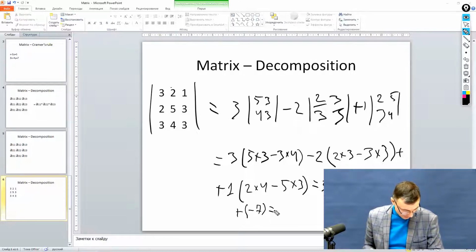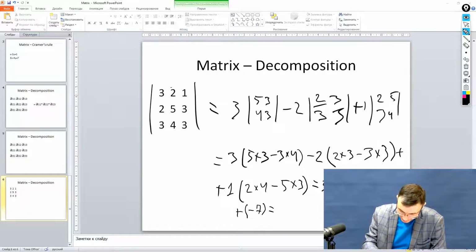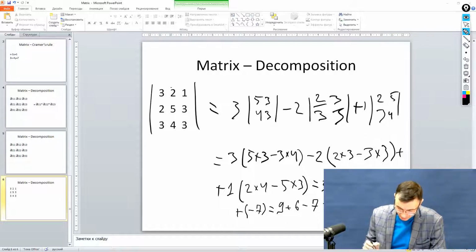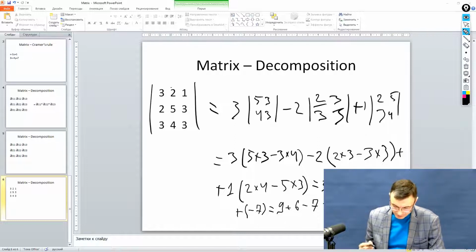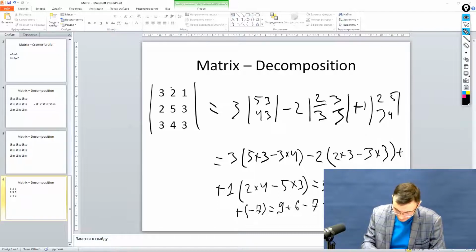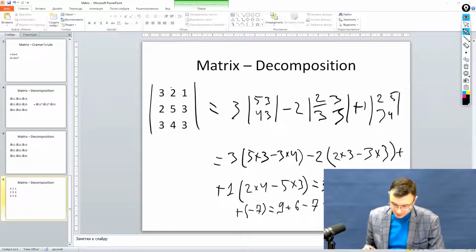So we have 9, and we have plus 6 minus 7, which gets us to 8. So we find the determinant of this matrix, that is 8.